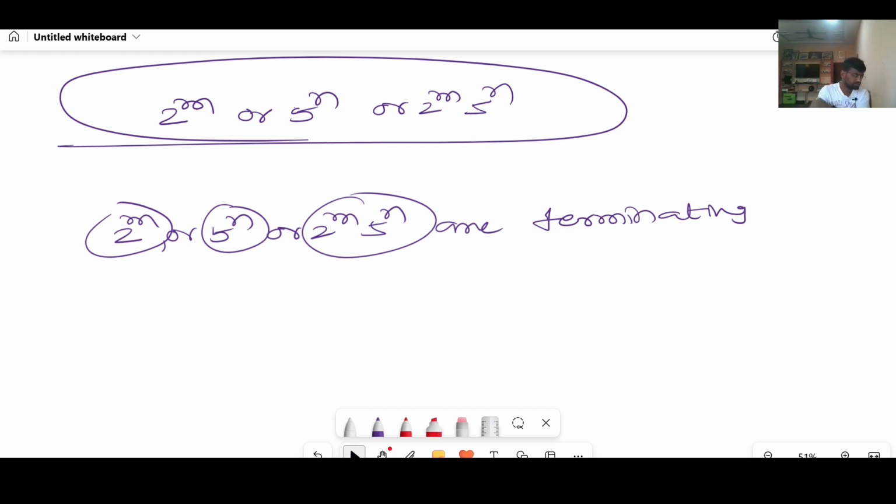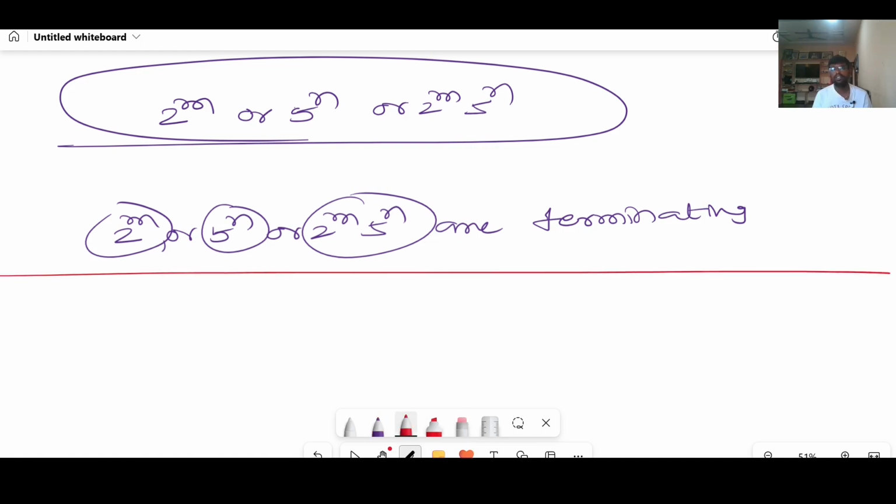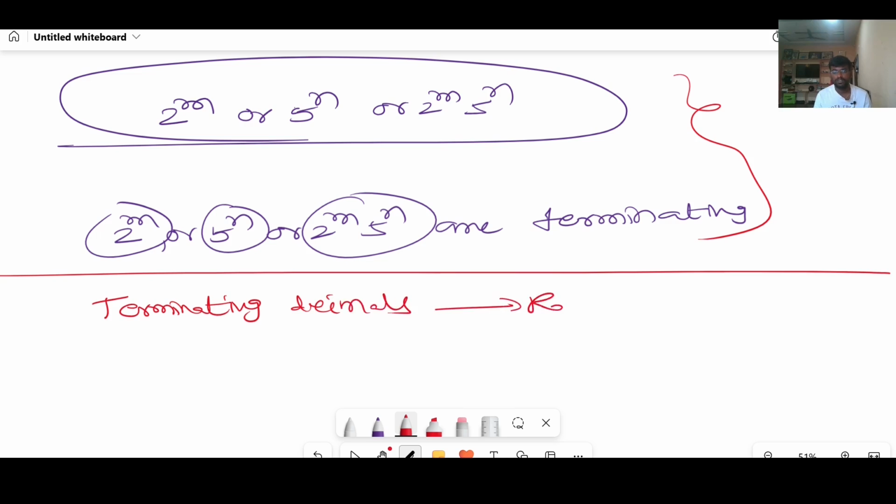Right, now look at that example. Again we have to discuss something here, and I have already explained this. As at the start of the lesson, terminating decimals are rational numbers, right? Previous thing, this is related to this one.